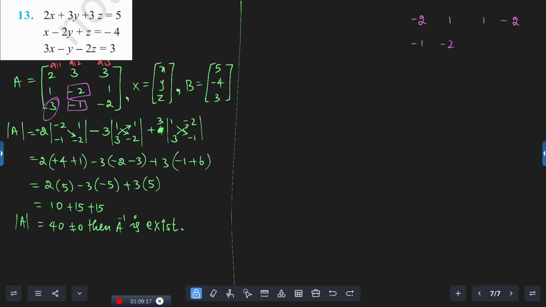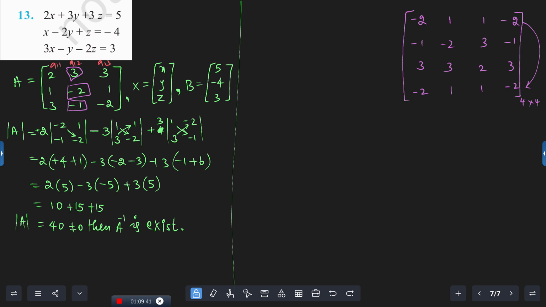So that minus 1. Next row 1, 3, 3, 3, 3, 2, 3 again. So you can write this again: minus 2, 1, 1, minus 2. That's it. So this is a 4 by 4 matrix.